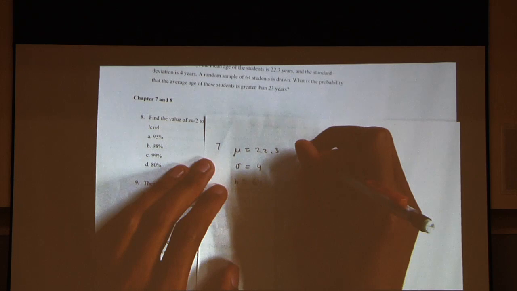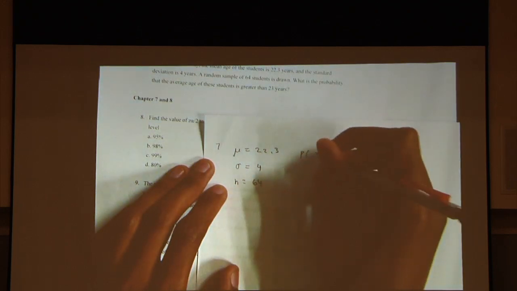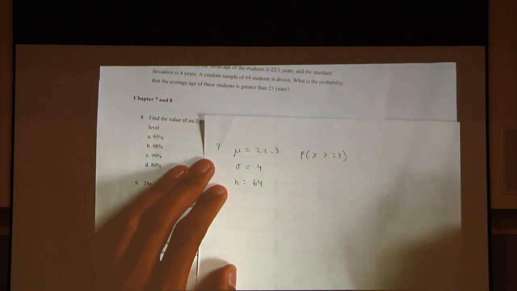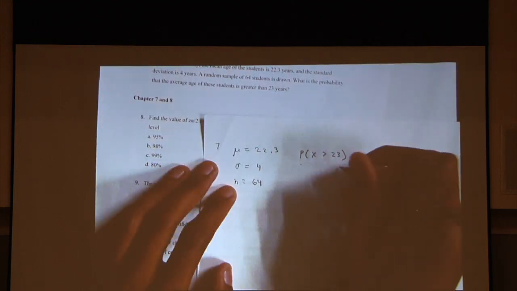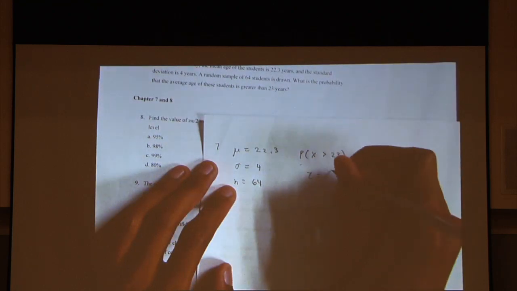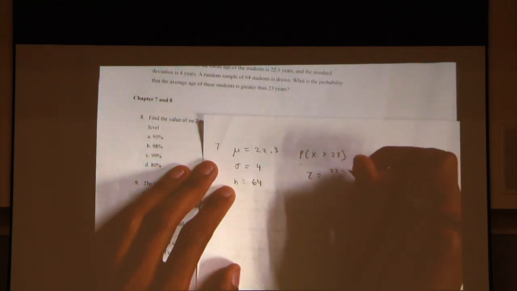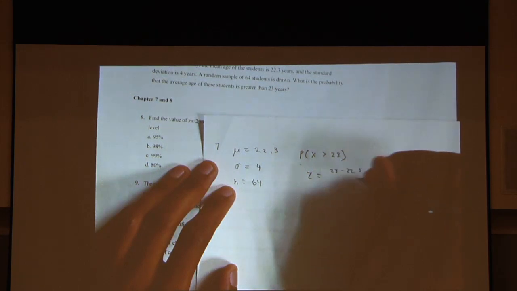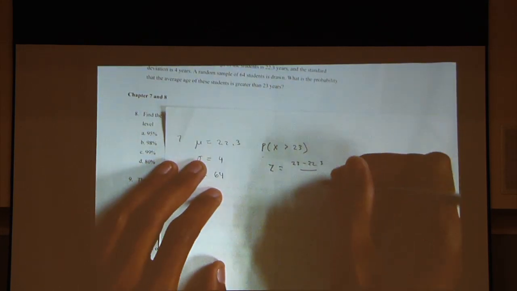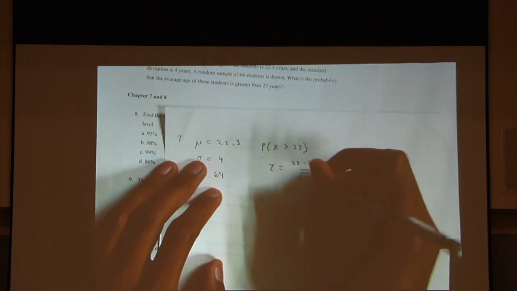So, what's the probability? We want probability that x is greater than 23, right? So we want to figure out what z is. So your 23 minus your 22 divided by, well, for this case, since it's really large, I do square root.